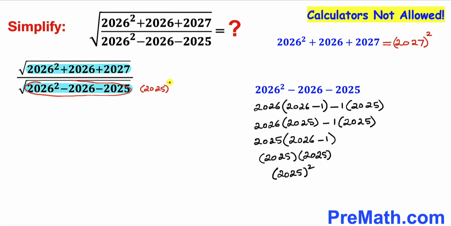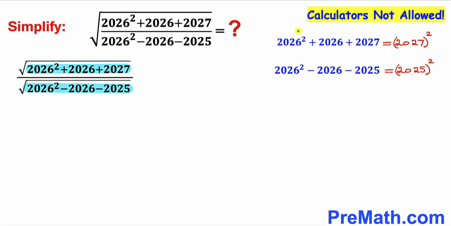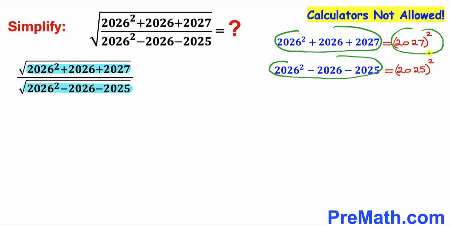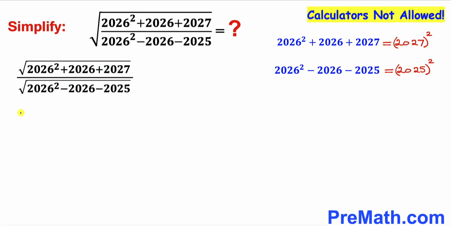So therefore, this whole radicand at the denominator could be simplified to simply 2025 whole square. So thus our numerator radicand is equal to 2027², and the denominator radicand equals 2025². So therefore, here's our next step.